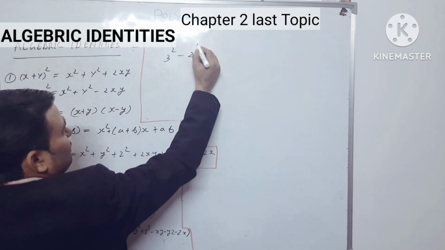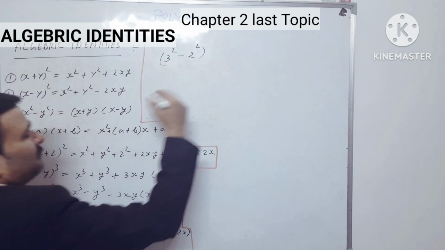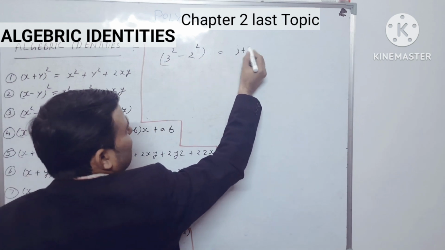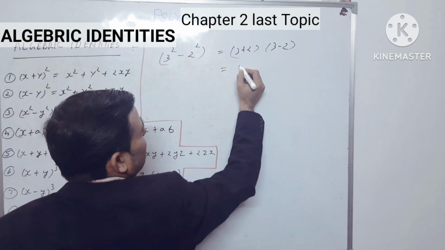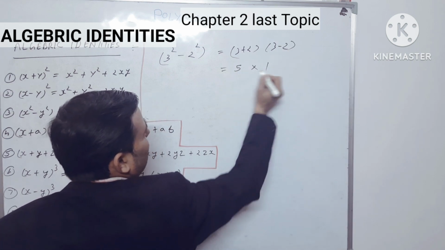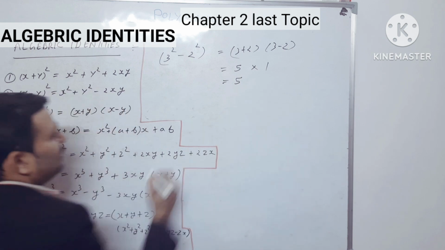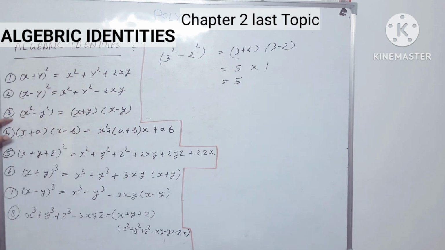We can write this as (3 plus 2) into (3 minus 2), and we will get 5 into 1, and that will be 5.